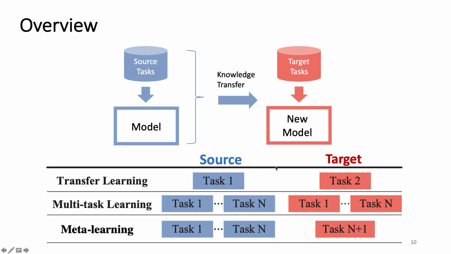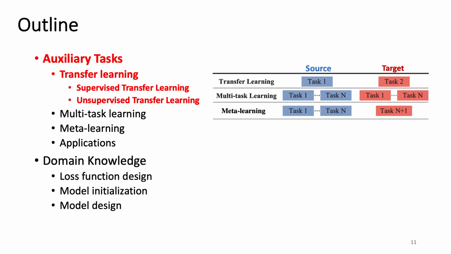So they actually deal with different kinds of settings. So we will talk about a representative technique for each category. We'll start with transfer learning. So for transfer learning, as we just said, there's only one source task and another target task.